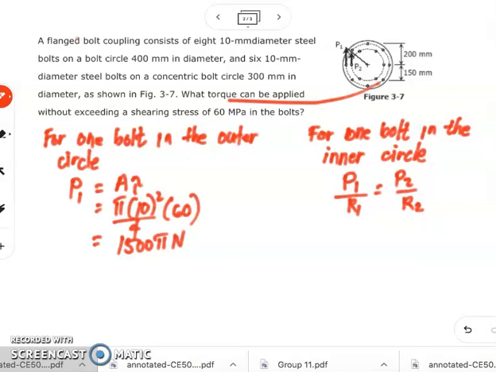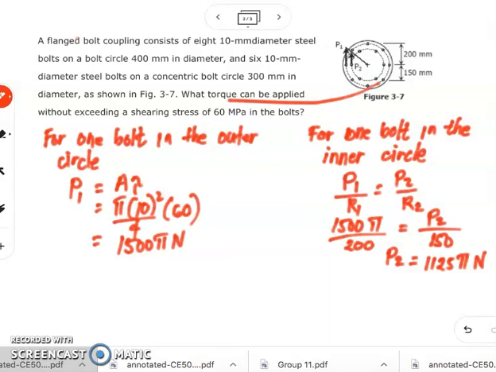So we can substitute our P1: 1,500 pi all over 200, the radial distance on the outer circle, is equivalent to unknown p sub 2 all over 150, the radial distance on the inner circle. Therefore, our p sub 2 is equal to 1,125 pi Newton. So that is now the equivalent value for our P2.